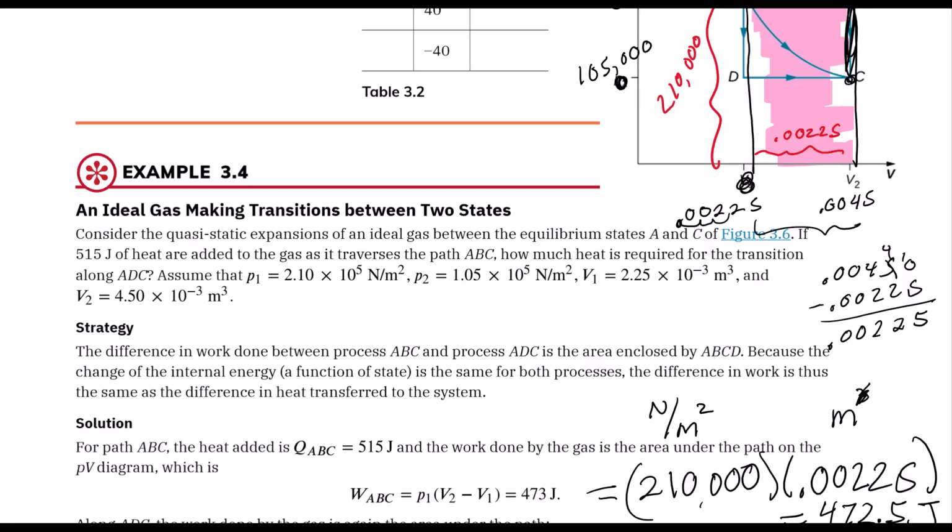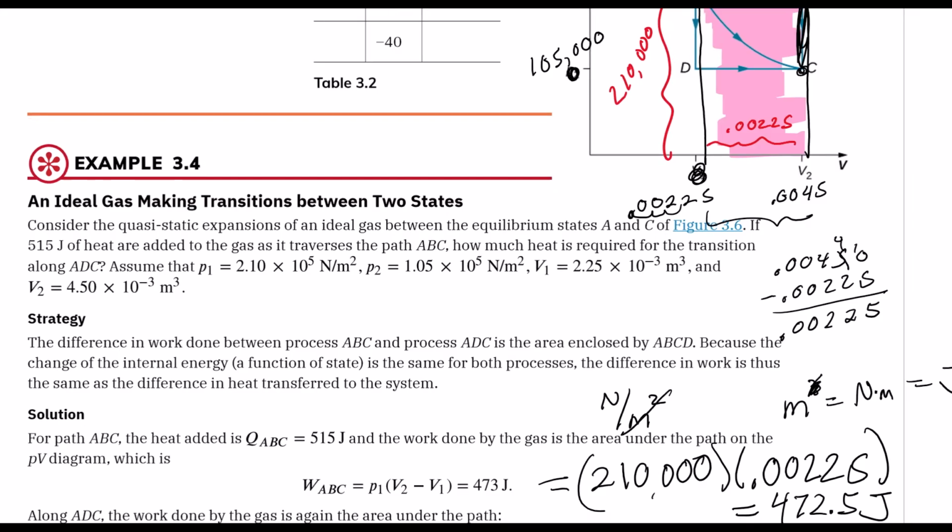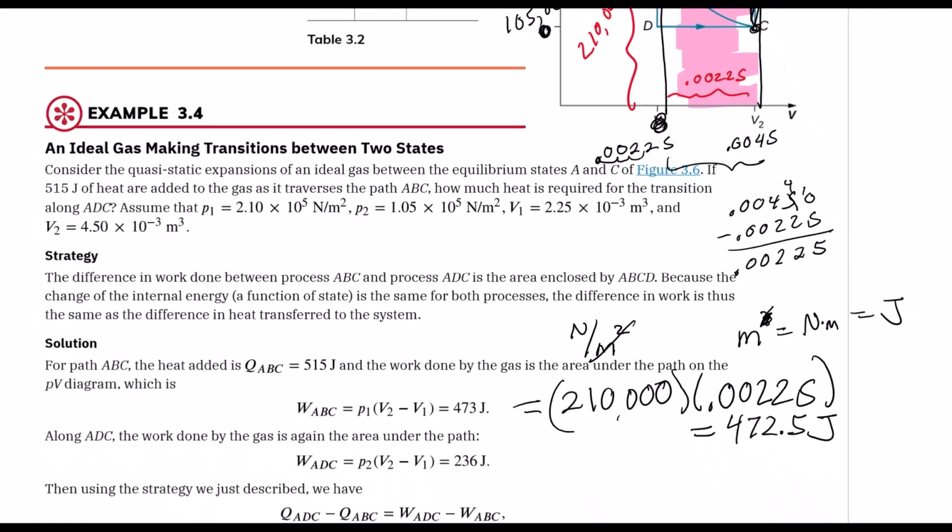So the meters squared cancels out, and I get newton meters, which is the same thing as joules. So the work done by the gas is 472.5.